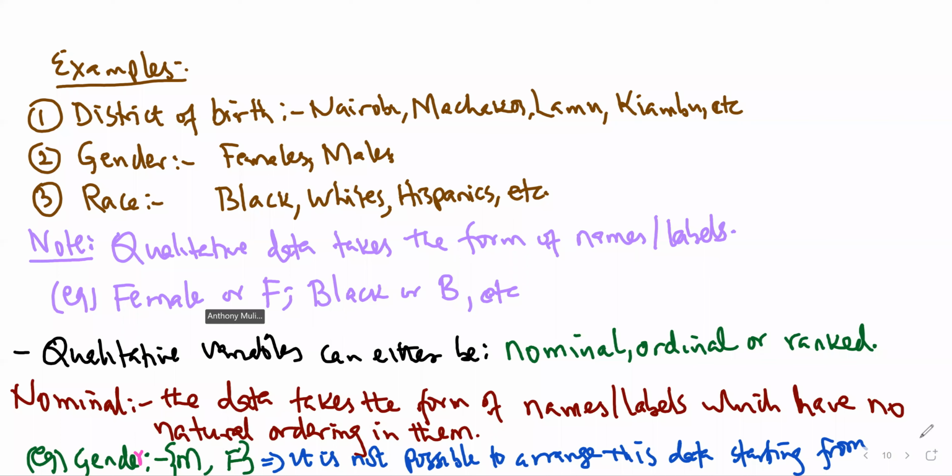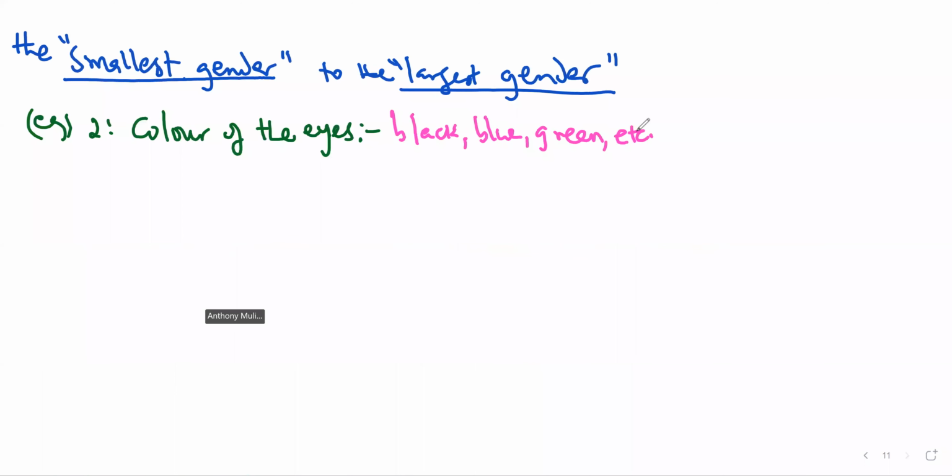The same case with color. If the question of interest is the color of the eyes, black, blue, green, etc., it's not possible for you to arrange this data from the smallest color to the largest color. So color of the eyes is an example of a nominal variable. The same case with gender.